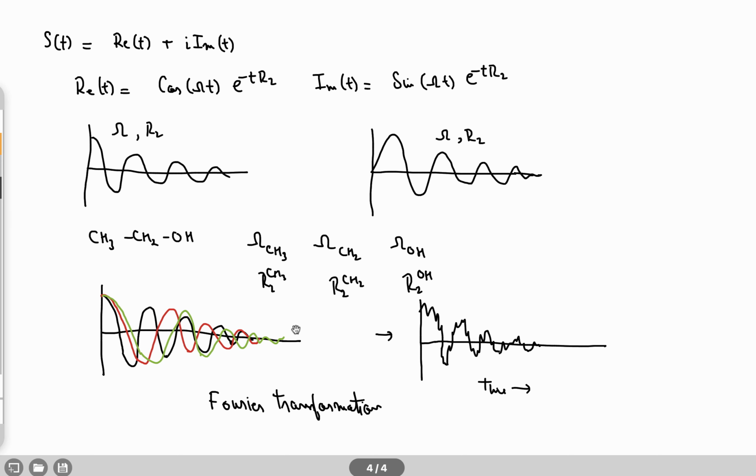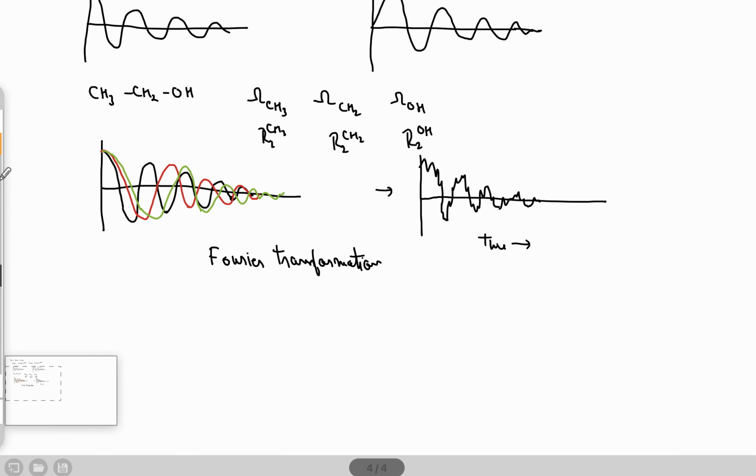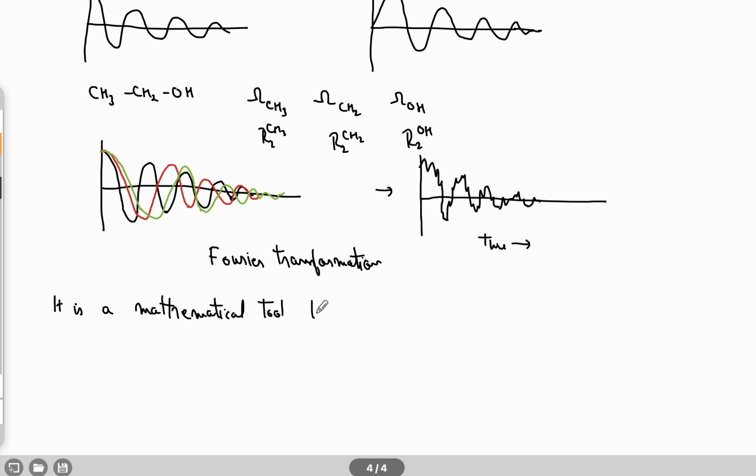So let me just write down the definition. It is a mathematical tool which was actually identified or developed much earlier than NMR was developed. So, a mathematical tool to determine the frequency and amplitude, which is our goal, right?